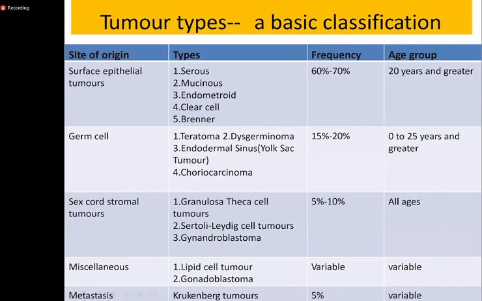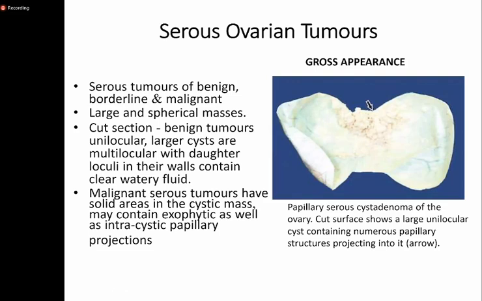So serous ovarian tumors are actually a spectrum of tumors, from benign, borderline, or sort of in between, and then the overtly malignant serous ovarian tumors.